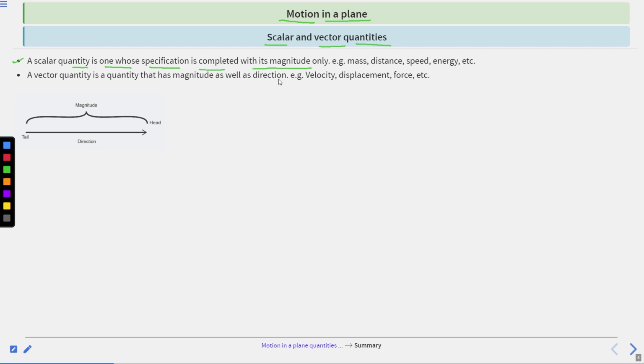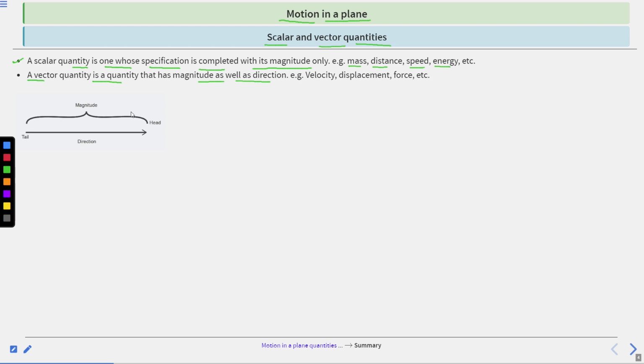Example: mass, distance, speed, energy, etc. Distance and speed, these are scalars, whereas a vector quantity is a quantity that has magnitude as well as direction.